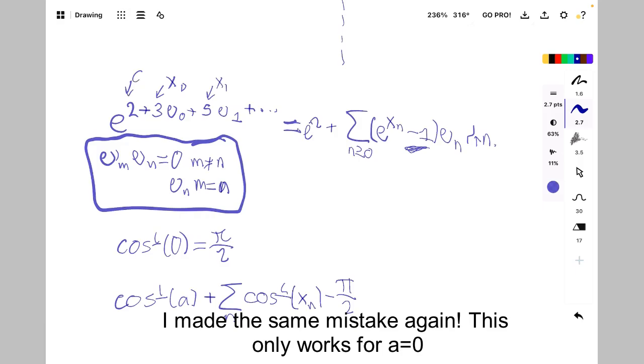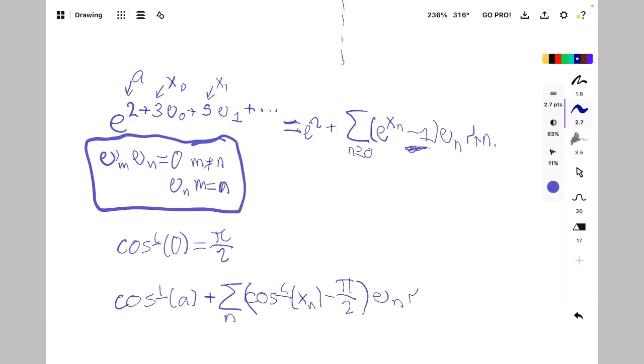And this a just resembles a 2, by the way. I should mention that. And then times tel n, there we go.